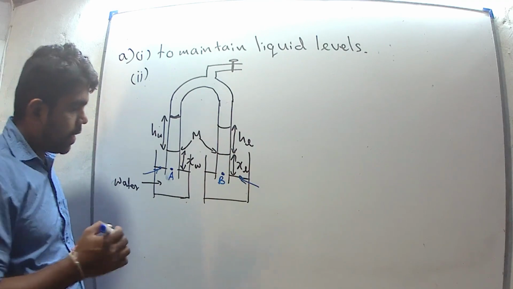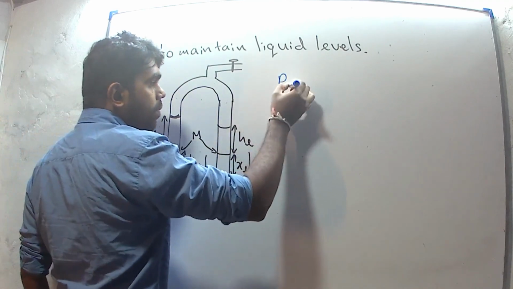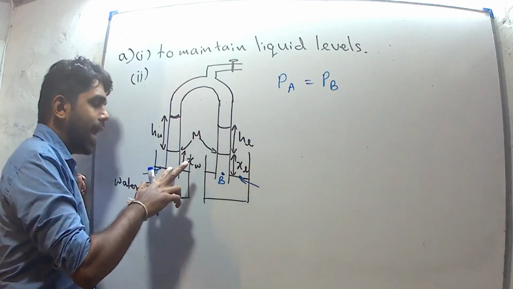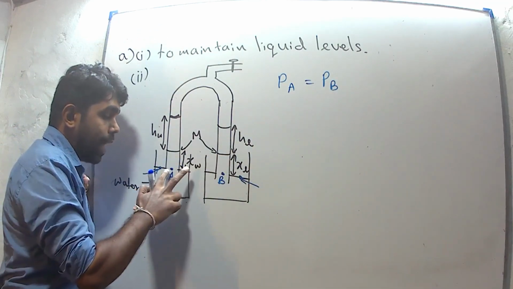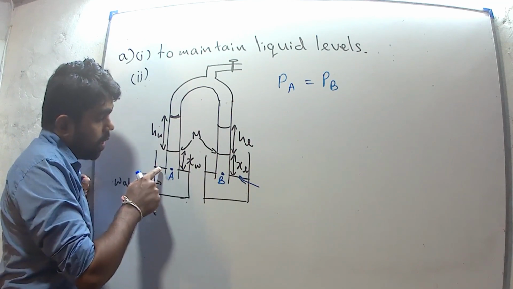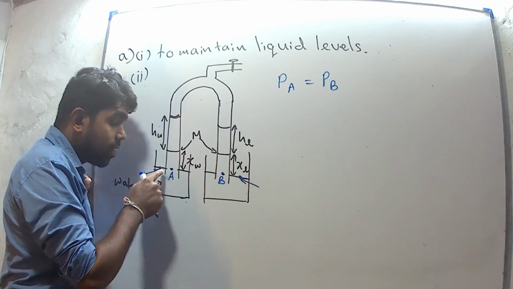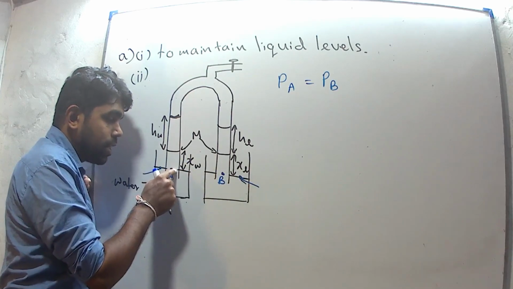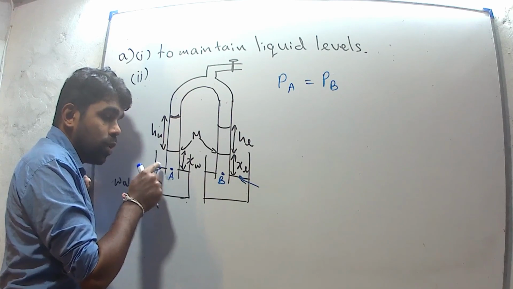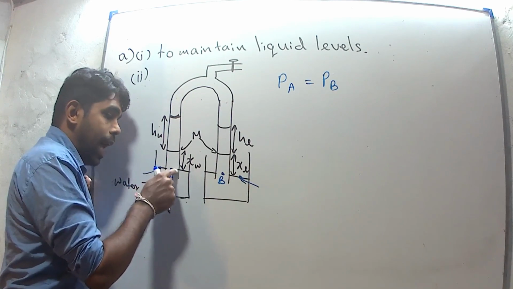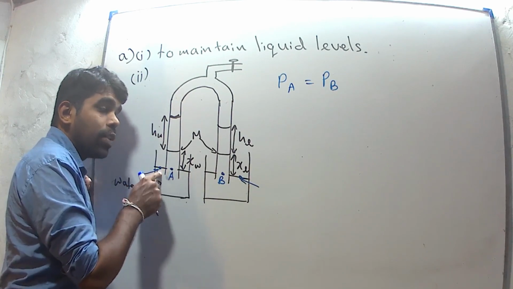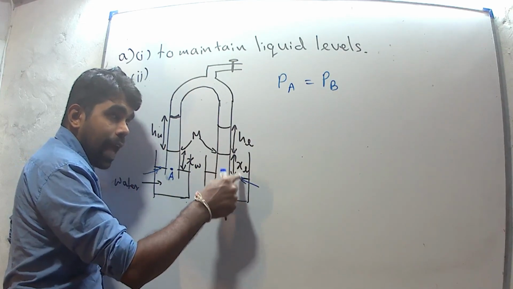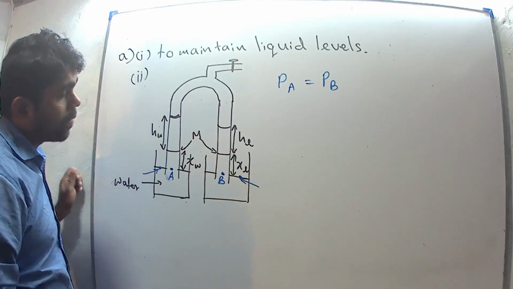Then we can write pressure at A equals pressure at B, because the pressure at A and B is equal to the atmospheric pressure.